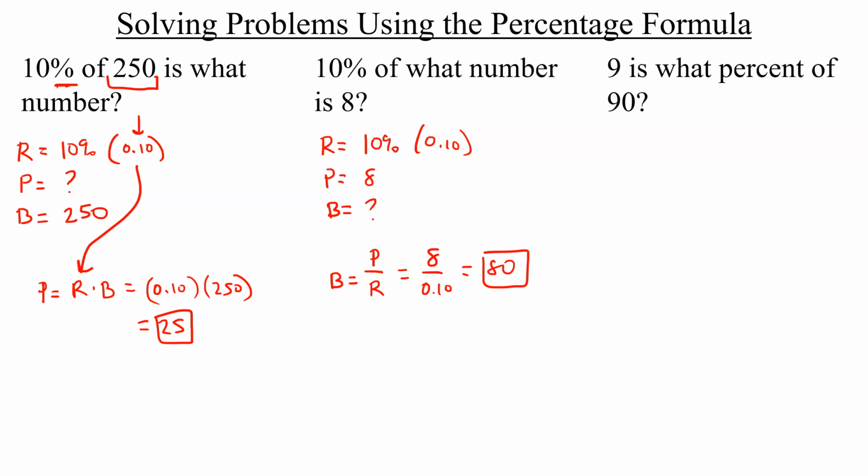All right, next one, 9 is what percent of 90? We are being asked for our percentage, so we don't know our rate. 9 is the portion, and then 90 is the base. This is the part, this is the whole. And generally the part is smaller than the whole, but that's not always the case.